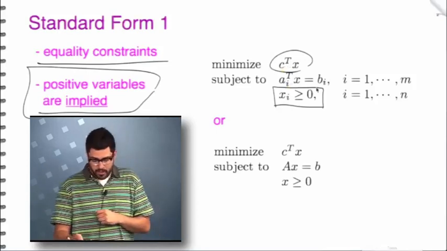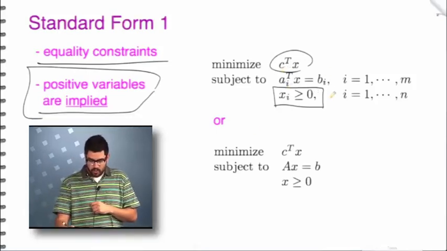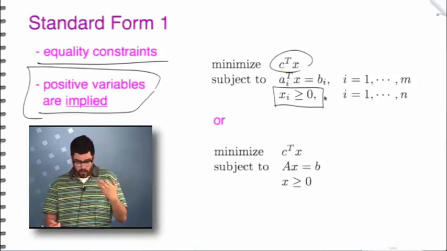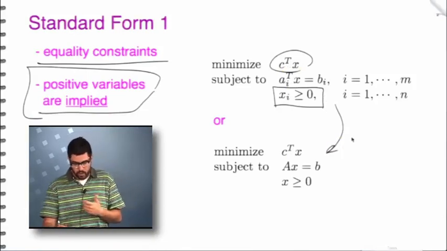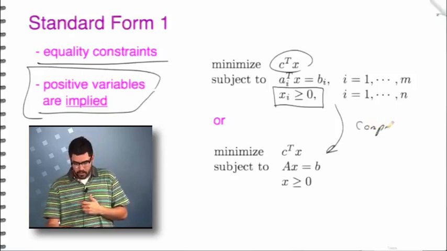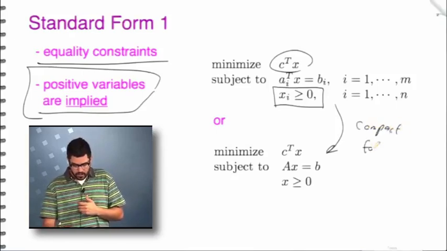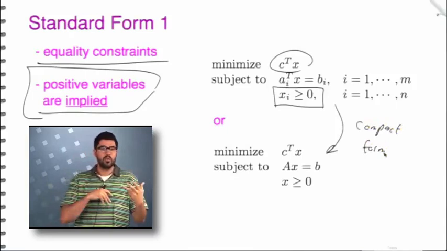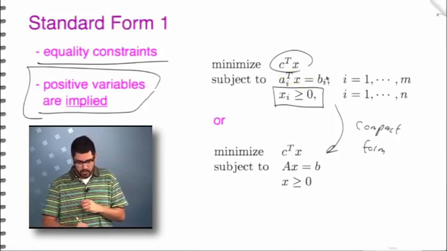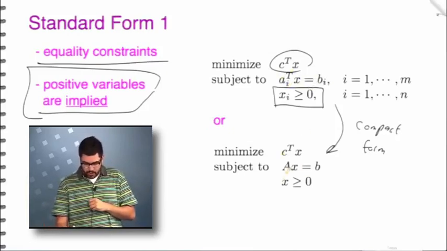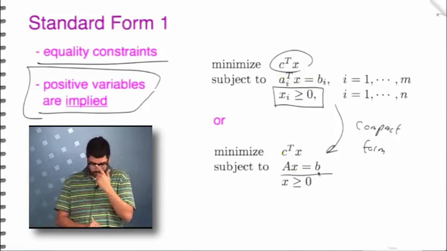You can put this into a much more compact form when you put it into matrix form. Let's remind ourselves, thinking about linear algebra, how a_i transpose x equals b_i will be put into Ax equals b.